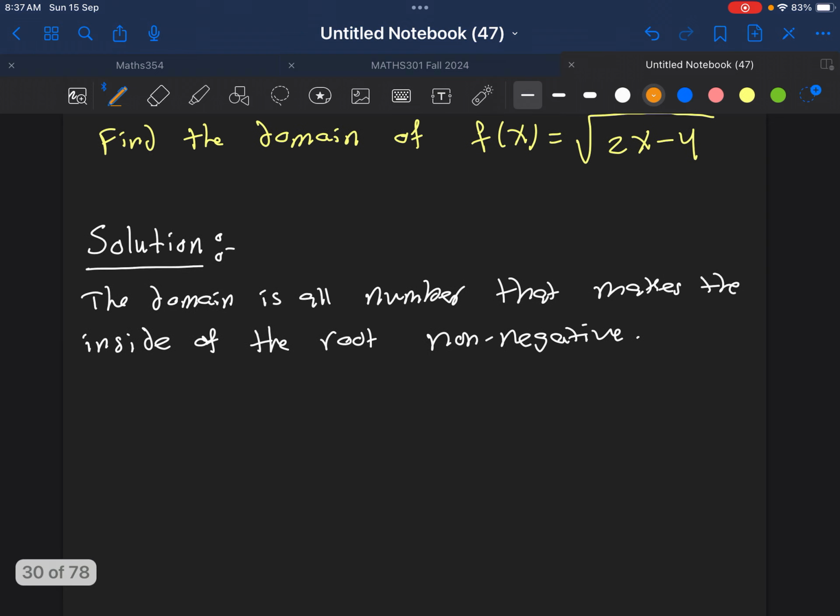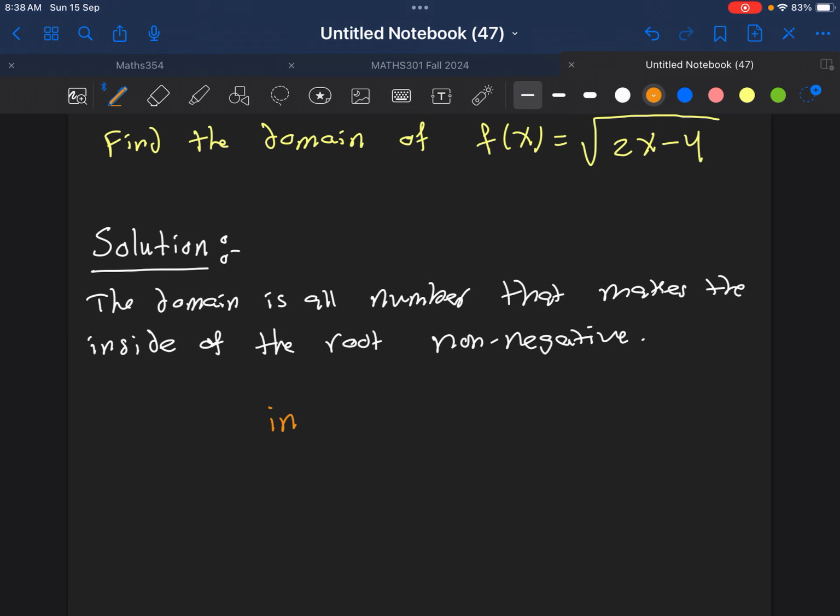How will we solve it? We will go directly and take whatever is inside the root and make it greater than or equal to 0. Directly. That's straightforward, no exclusion.